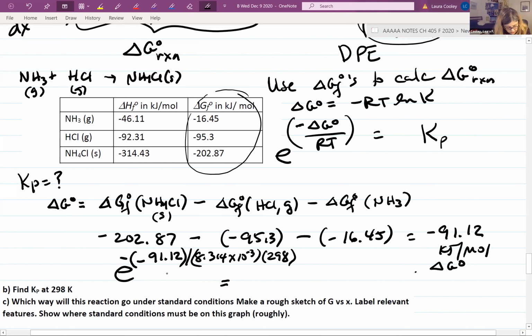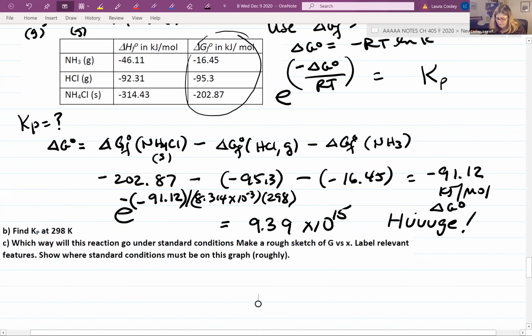Oh shoot, the answers are wrong. I don't have that negative in there, but anyway, it's just huge. It's 9.39 times 10 to the 15th. So huge. So basically, this is like going to completion.